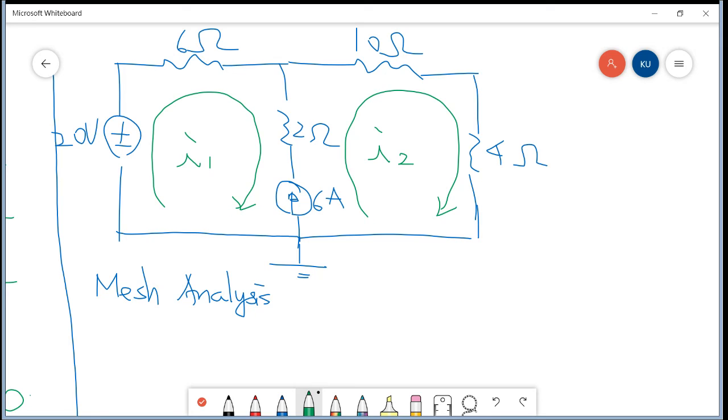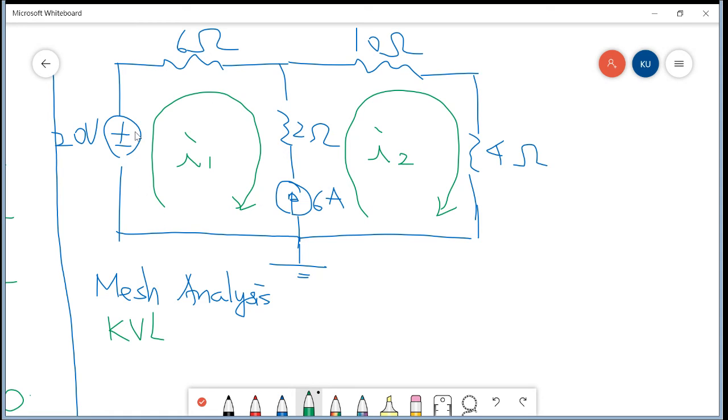Actually, as you know, the mesh analysis uses the KVL, which means that the voltage drop over a complete loop should be 0. When the loop goes from here to here, the voltage may go up, and going here may go down.